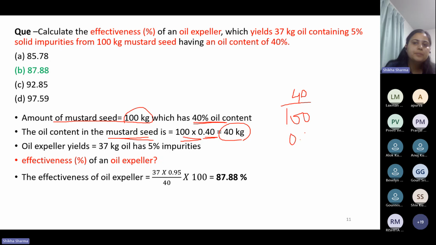So 0.4 of 100 kg of mustard seed is 40 kg oil, and 60 kg is the non-oil part.